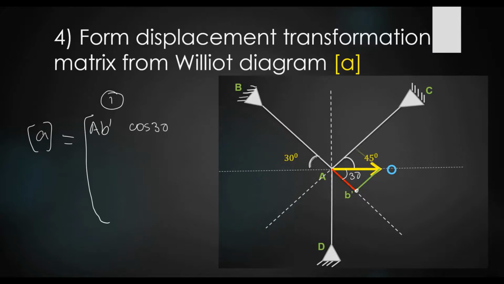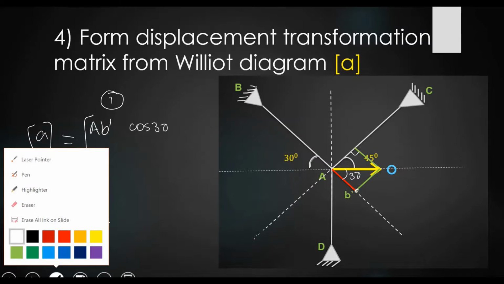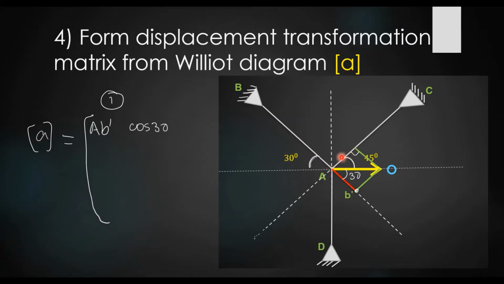Now I will draw a perpendicular to AC. The extended line of AC is in this direction, but I have the perpendicular to the main member. I will take this value AC dash as negative because the distance measured, AC dash, is in the opposite direction of the extended line.